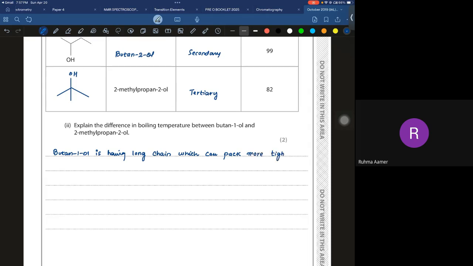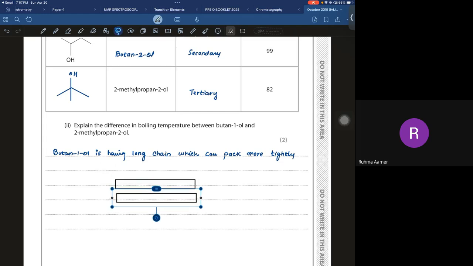So what do you mean by pack more tightly? Let's suppose this is a chain and this is another chain, because we are talking about the intermolecular force between the two molecules. They have a flat surface. So when you attach both molecules, the point of attachment is greater, so of course the intermolecular force of attraction would be greater.